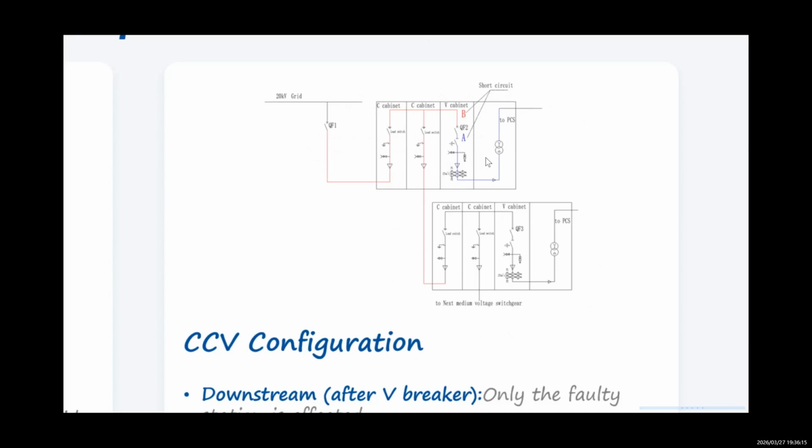It is the same result when short circuit points A and B are in any other medium voltage switchgear, for example here. It's the same because the grid breaker is the only protective device in these scenarios. However, the possibility of a short circuit occurring at the load switch or on the grid side AC bus bar, point B, red line, is extremely low. So don't worry about it.